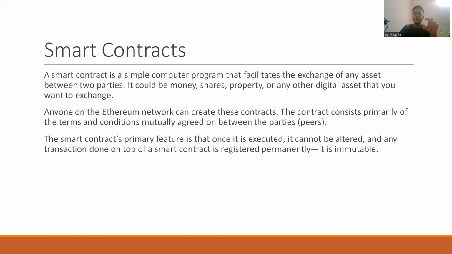The contract consists primarily of terms and conditions mutually agreed upon by both parties. The smart contract's primary feature is that once it is executed, it cannot be altered, and any transaction done on top of a smart contract is registered permanently and is immutable.